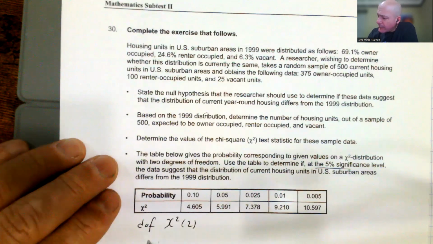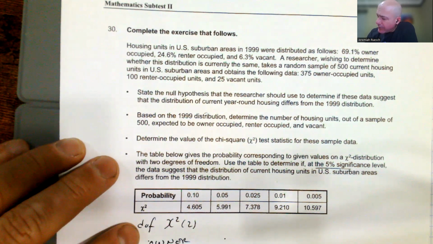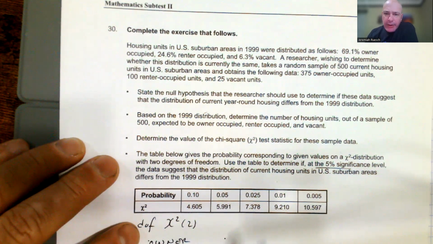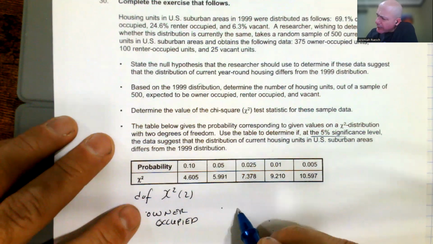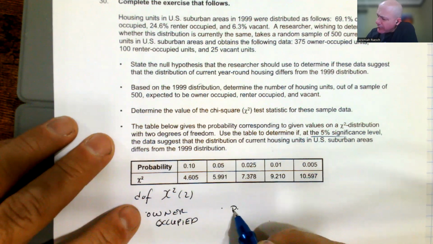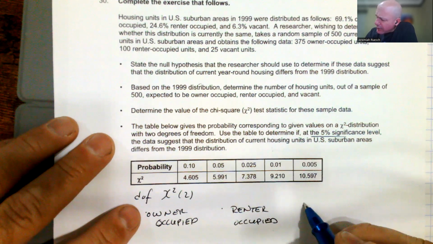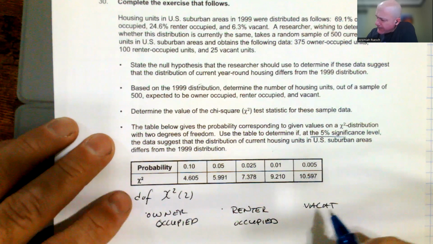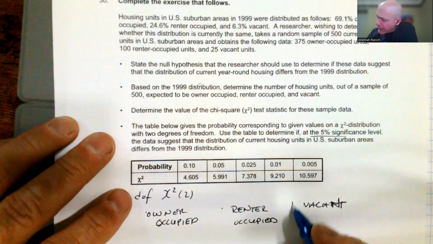Let's go ahead and write those out. We have owner occupied, which is the full term, then renter occupied, and then vacant.